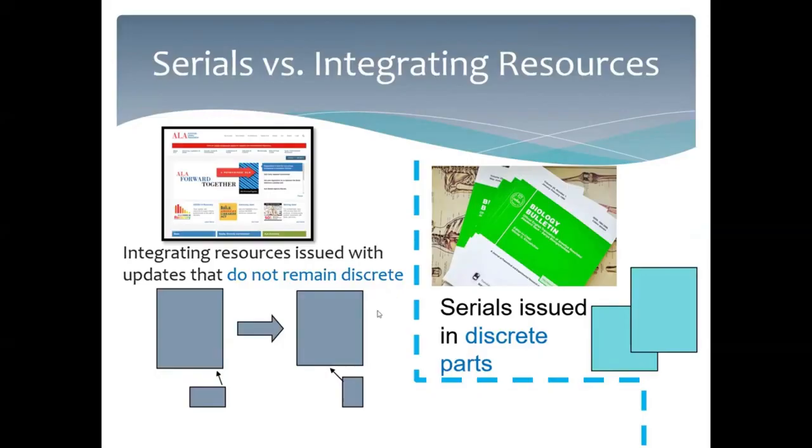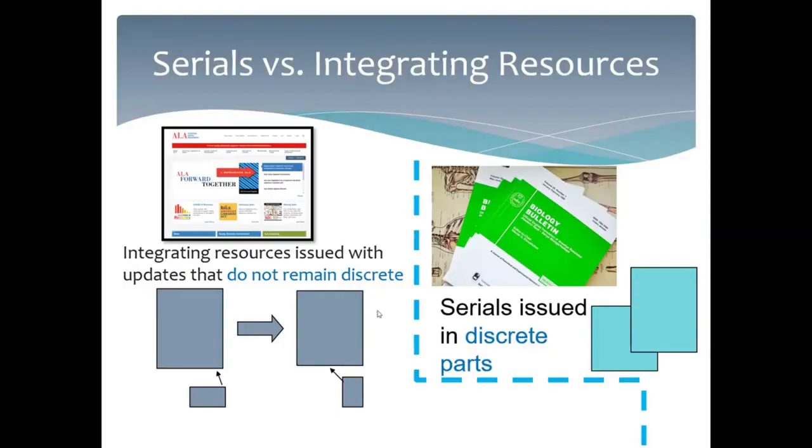A website, again, is another example that falls in integrating resources because the updates integrate within that resource. They just get folded in there some way. So even if you have a section that says new today or latest news or updated, it's still all folded within that single website.